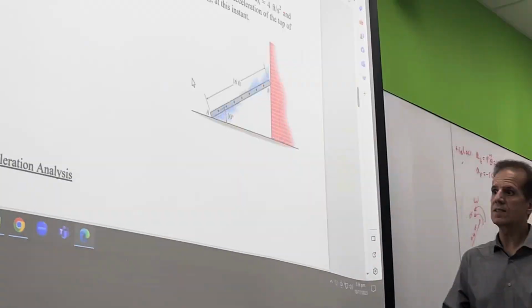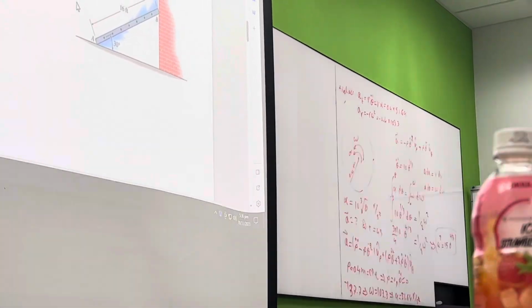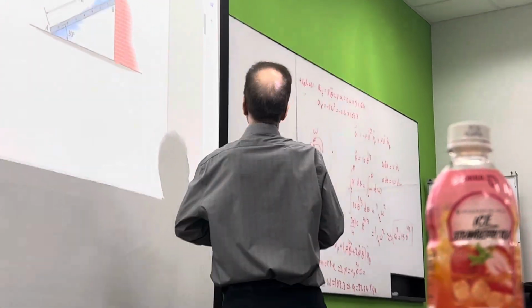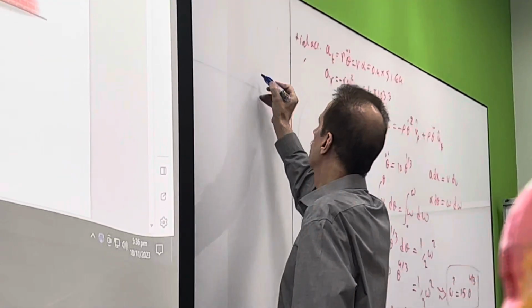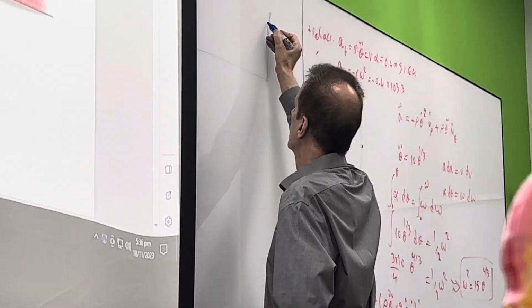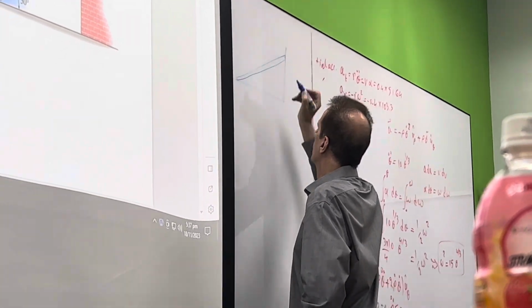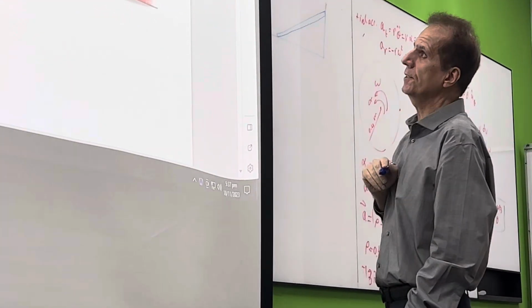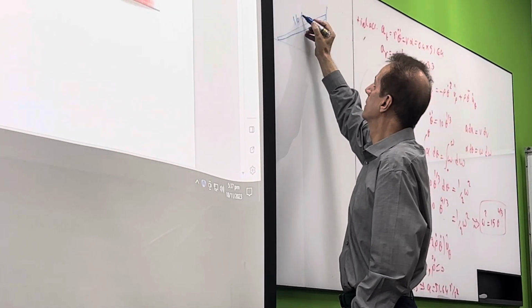Solution is easy like this. Look what I'm doing. It says the length of the ladder is given, 16 feet.